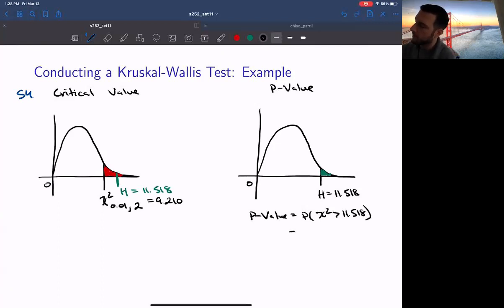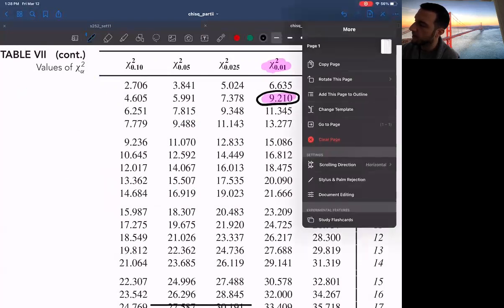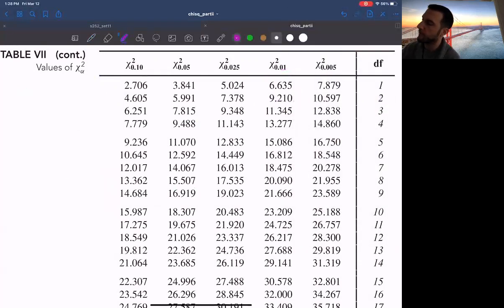Right. So now we go back to our chi-square table. We have 2 degrees of freedom here. Our test statistic is 11.518, so that falls here. Okay, so that means that the area to the right of 11.518 must be smaller than 0.005. So you can see that the way the chi-square table works is exactly the same as the way the t-table works.